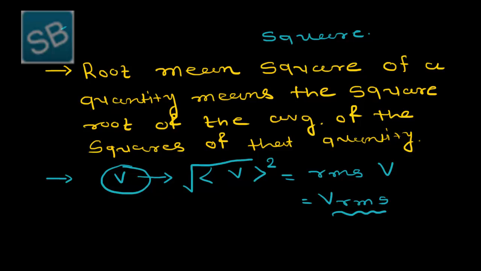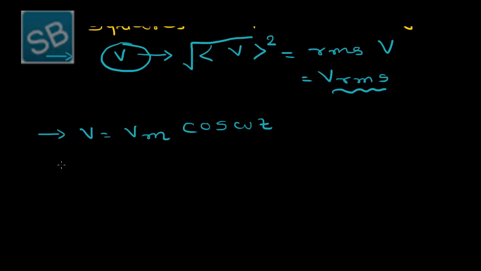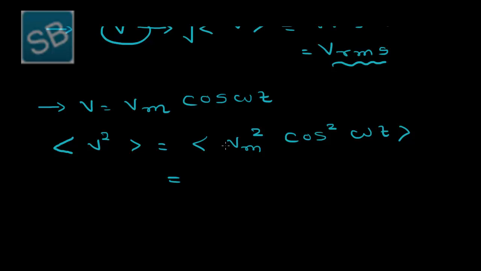So let's find the RMS value of voltage given by V = Vm cos omega t. The average of V square is given by the average of Vm square cos square omega t. Here Vm square has the same value for average or normal, so I am taking Vm square outside the bracket.